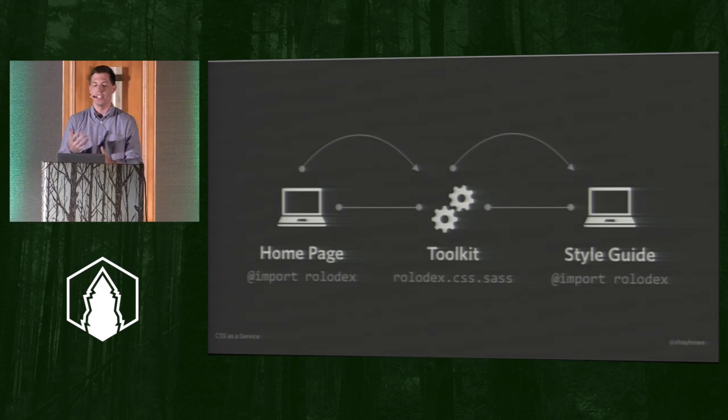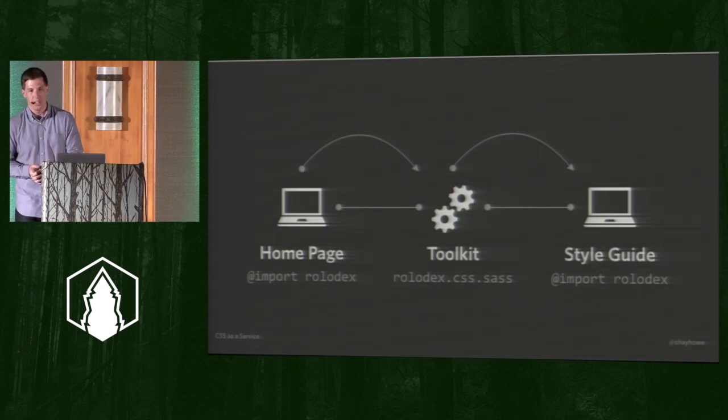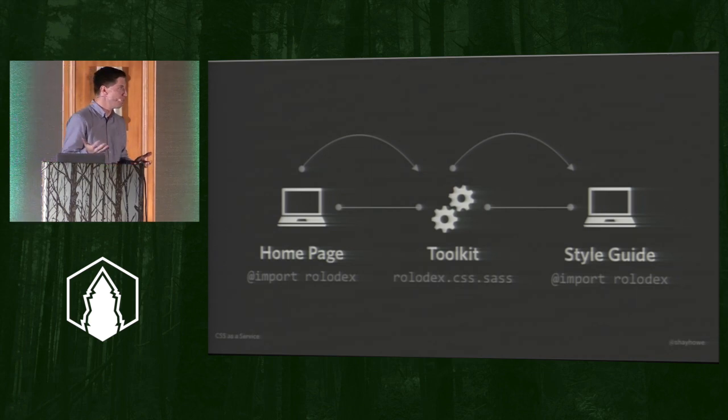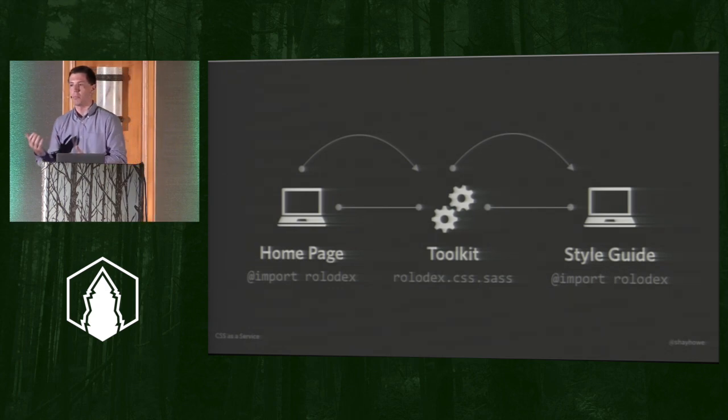So we can share our Sass variables, mixins, and utilities. And any change we make inside that toolkit is then updated and reflected across all of our applications. So if we decide to change our color of blue, we can see that blue take effect in any of the given applications. If we redesign our buttons, we can see our buttons redesigned across all of the applications.